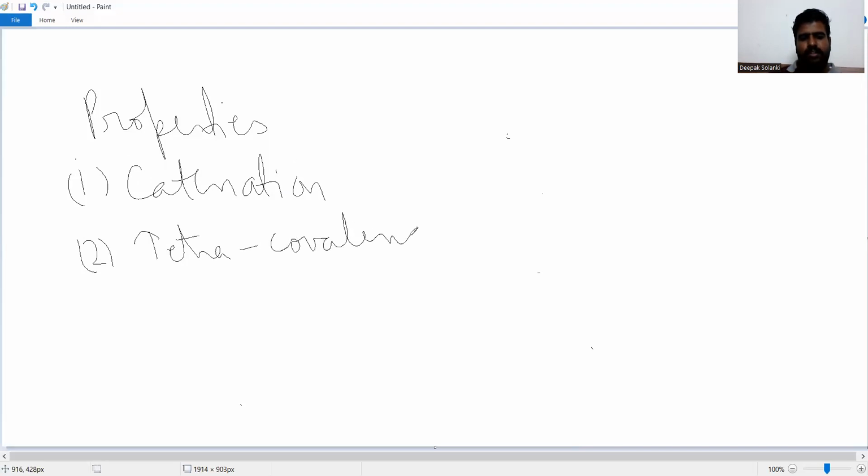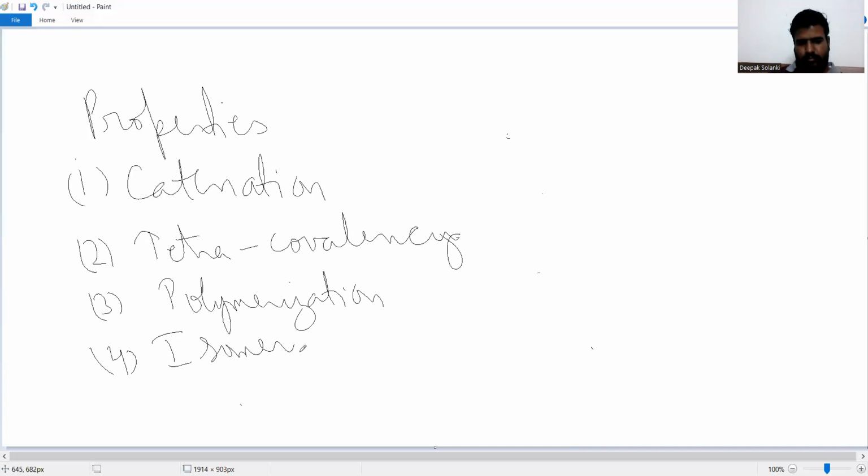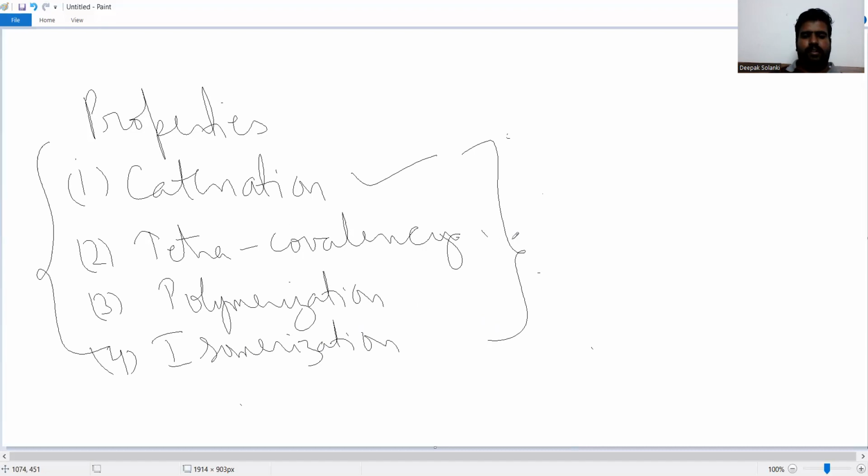Third is polymerization. And fourth is isomerization. These are the four properties which make carbon unique: catenation, tetra covalency, polymerization, and isomerization. Let me discuss in brief every property.